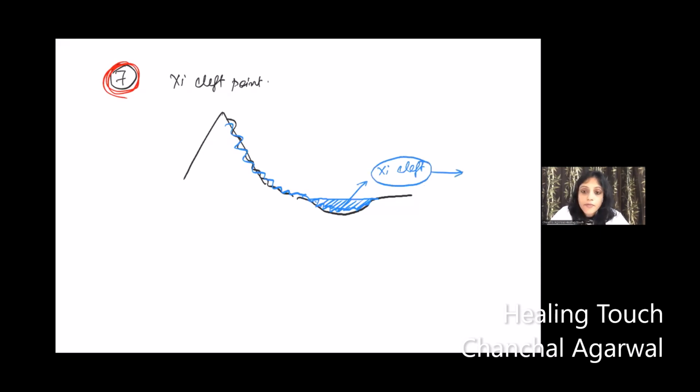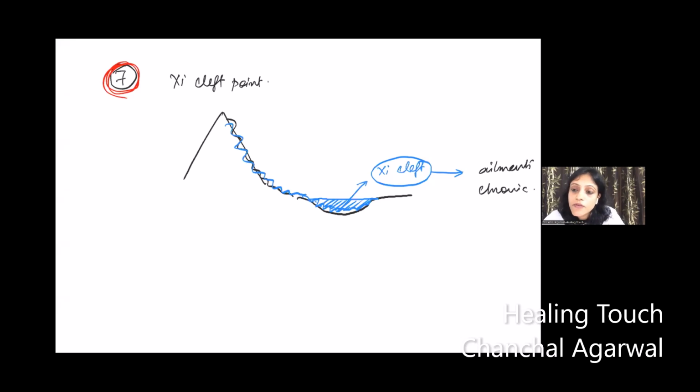And these Xi-Cleft points are very important, especially for ailments which are chronic. You will see in many places, Khemka sir has mentioned that whenever you are treating a chronic ailment with a certain protocol, after treating the ailment, use the Xi-Cleft point. Why? This will prevent the recurrence of the ailment in that person.